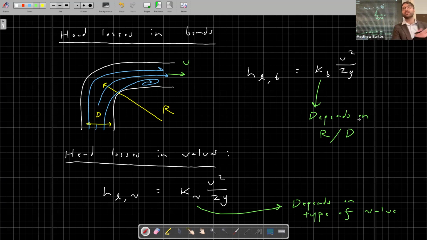And just like with valves, other obstructions in the pipe often have tabulated loss coefficients. So for instance, flow meters will also have loss coefficients associated with them because they interfere with the path of flow. Things like turbines, obviously, anything that interferes with the flow of water will have some minor loss coefficient.